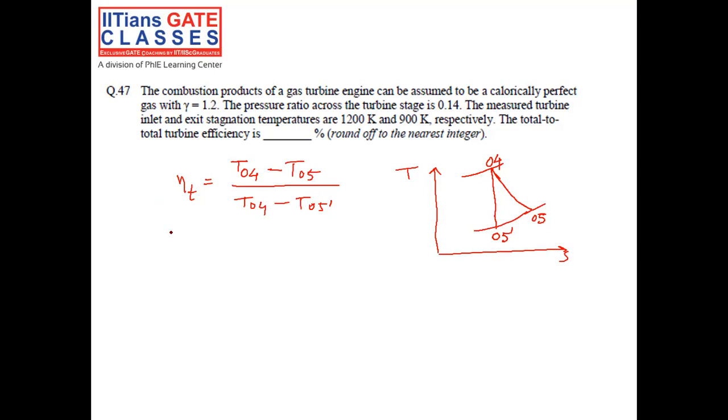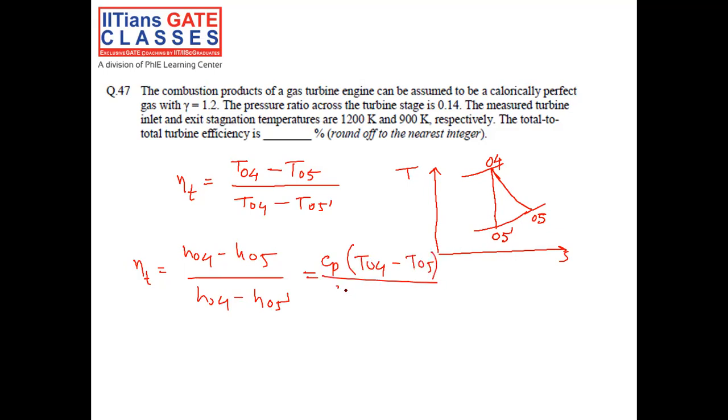So actually this efficiency is written as the change in enthalpy across the turbine divided by the change in enthalpy across the turbine in the ideal case. So this eta T is HO4 minus HO5 divided by HO4 minus HO5 dash. Now as Cp is constant, this can be written as TO4 minus TO5 divided by Cp times TO4 minus TO5 dash.